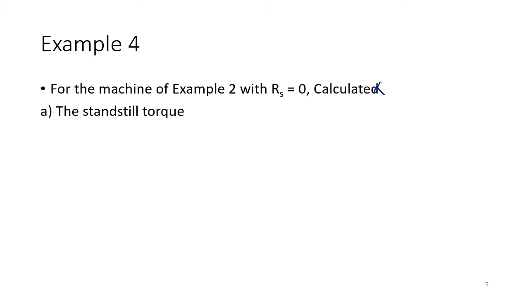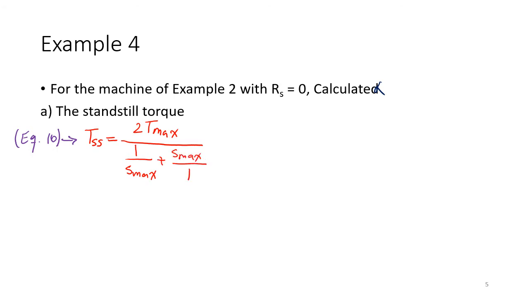For this we are going to use equation 10, which we derived last session: TSS will be equal to 2 T max over 1 over S max plus S max over 1. We know at the standstill S is equal to 1.